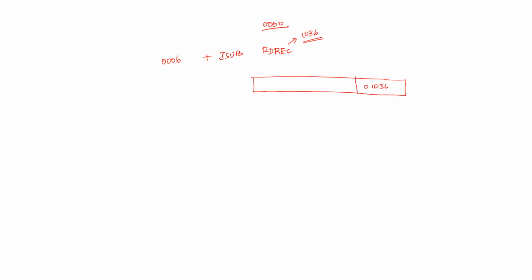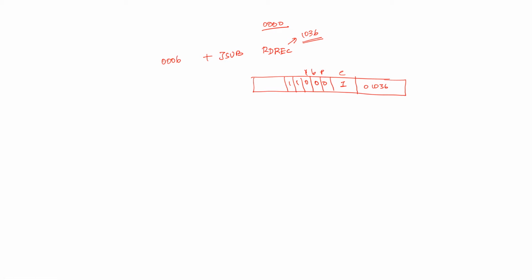So 20 bits, so I will write 01036, and N, I, X, B, P and E. So E is 1 for format 4, B and P are 00, X is 0, N and I are again 1 and 1. Yes.